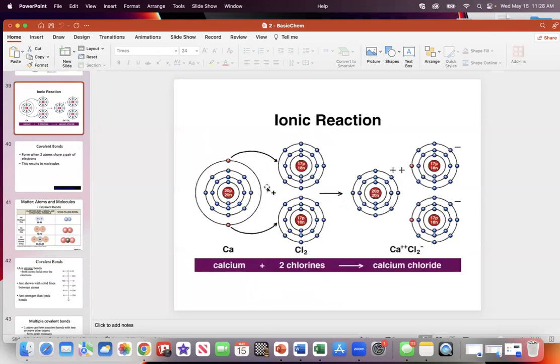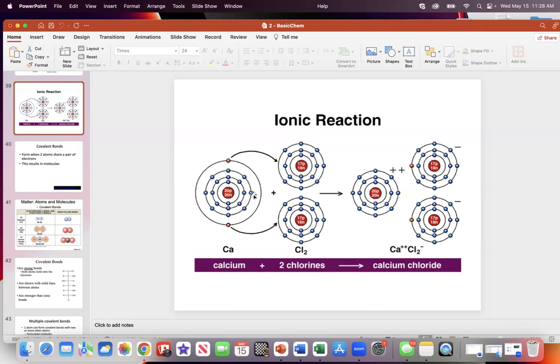Okay, so for example, CaCl2, calcium chloride. And calcium, what is its proton number? It is 20. So 20 positively charged protons, it must have 20 electrons. The first layer 2, the second layer 8, the third layer 8, so totally 18, right?